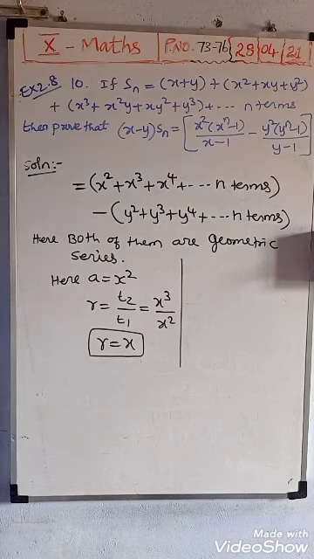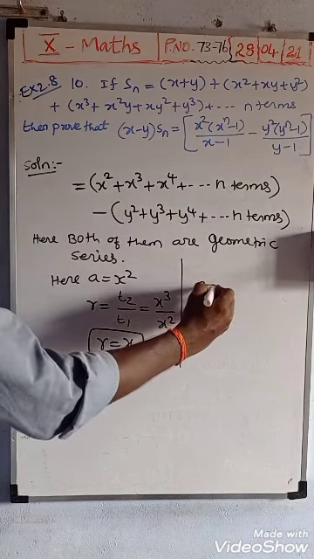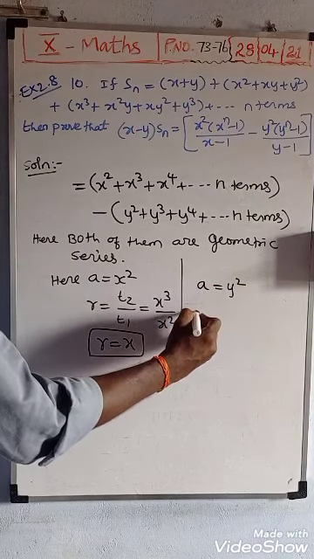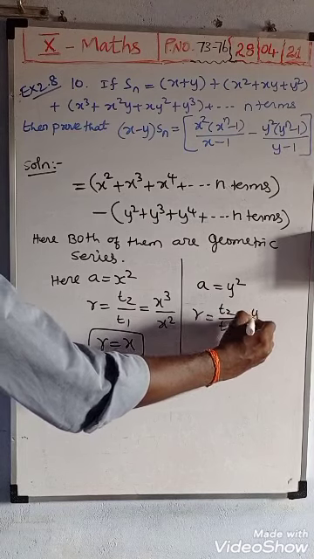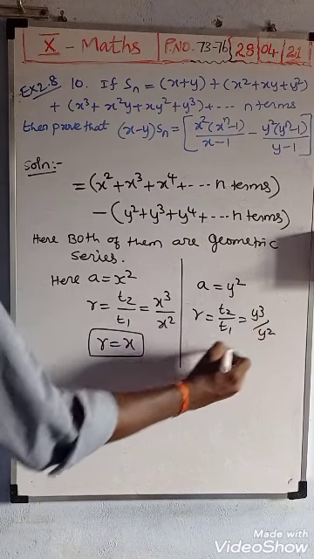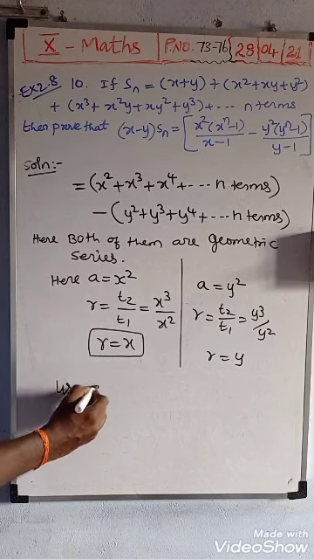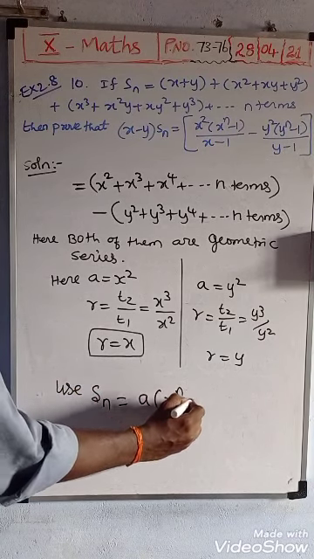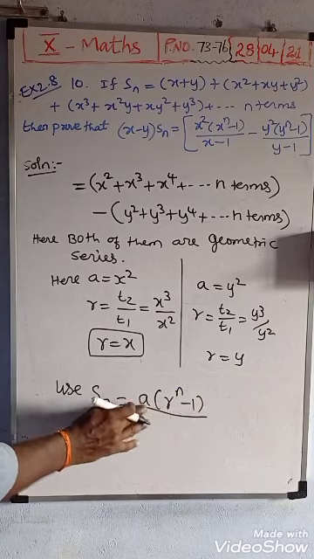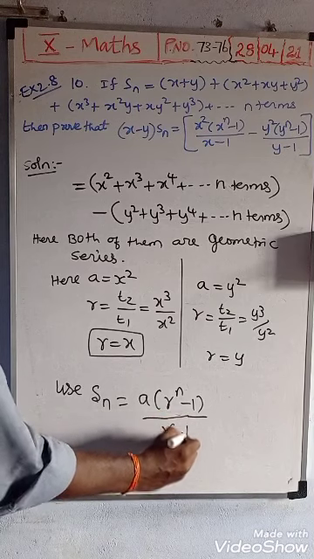Yes. Next, for this one, a is equal to y squared, r is equal to t2 by t1. So y cube divided by y squared, we will get r is equal to y. So use the Sn formula. Sn is equal to a into r power n minus 1 divided by r minus 1. Okay, we can use this formula here.